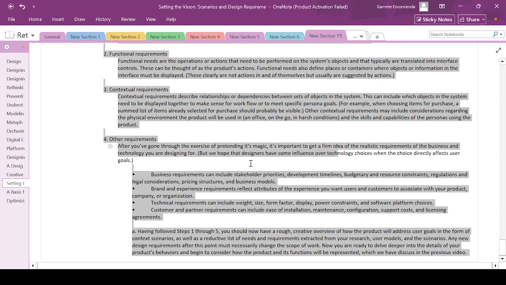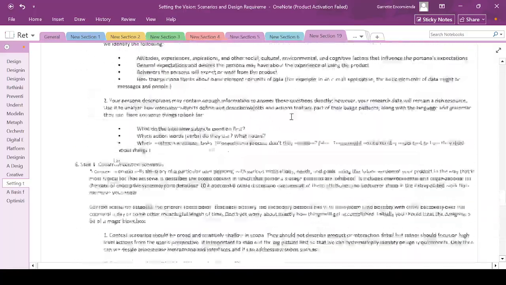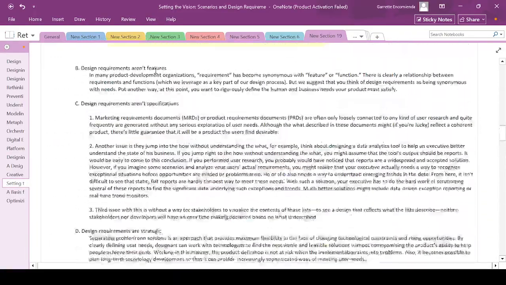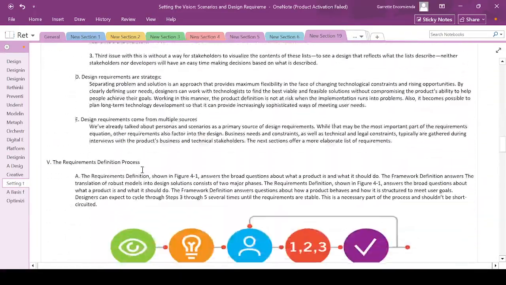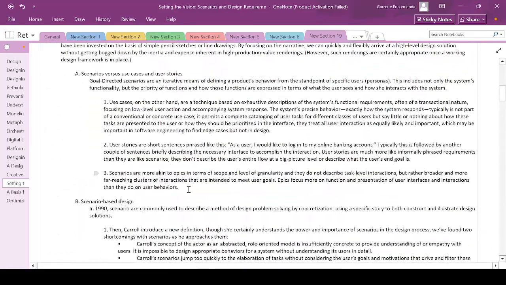Other requirements: after you've gone through the exercise of pretending it's magic, it's important to get a firm idea of the realistic requirements of the business and technology you are designing for. So after you get the requirements of what the actual priorities of the functions of the customer are, remember the difference of scenarios to use cases and user stories.